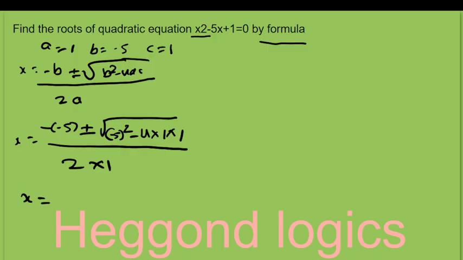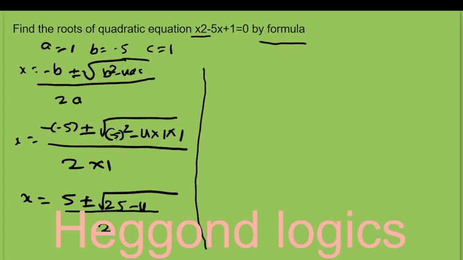Then x is equal to minus into minus plus 5, plus or minus square root of minus 5 square is 25 minus 4, divided by 2. After that x is equal to 5 plus or minus square root of 25 minus 4 is 21, by 2.